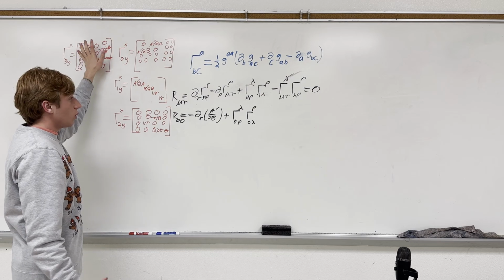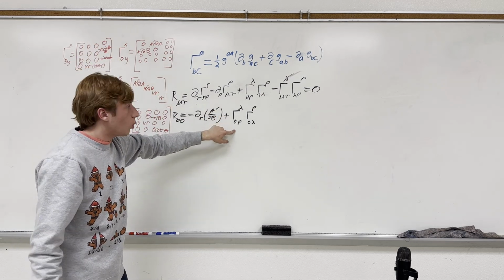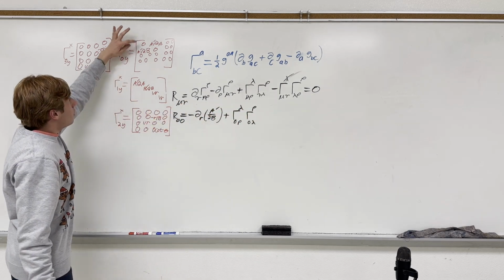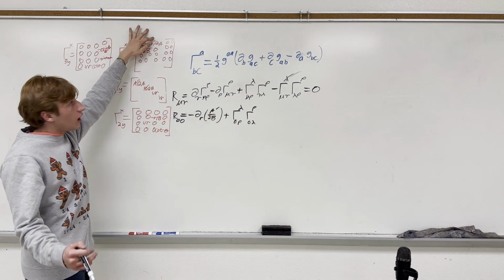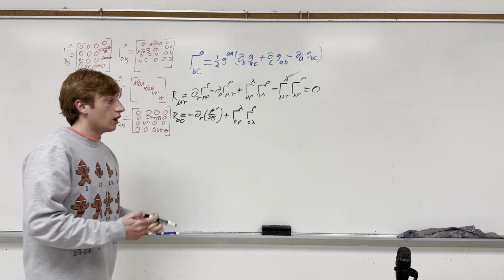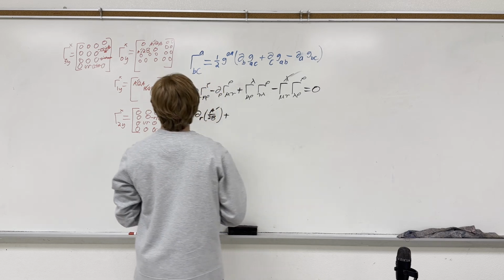The only time it's not going to be 0 is when lambda is equal to 1 and rho is 0, or the other way around. So what it's actually going to give us is this times this plus this times this, which, because multiplication commutes, we can just write as 2 times those two things.